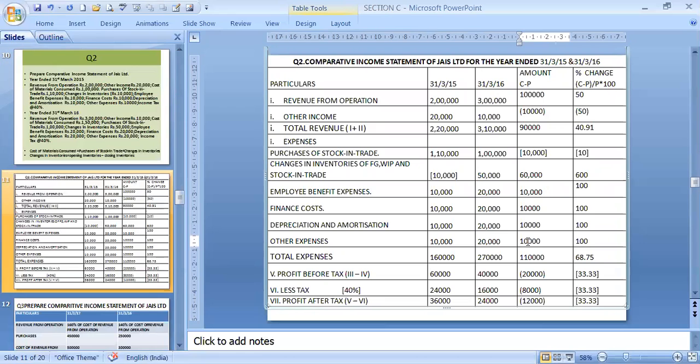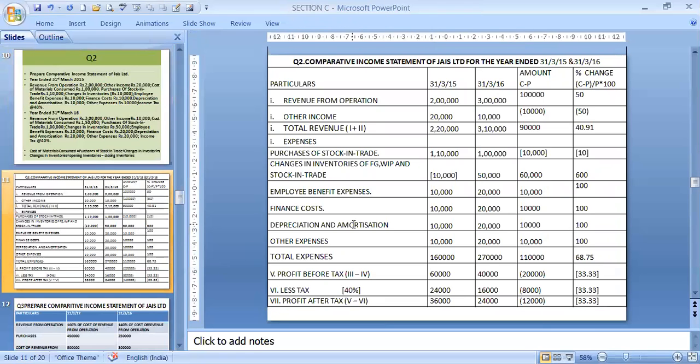So the next item is total expenses. We will add up all the expenses, starting from purchases. 1 lakh 10 minus 10 means 1 lakh. Then 10, 20, 30, 40, so 1 lakh 40 is coming.